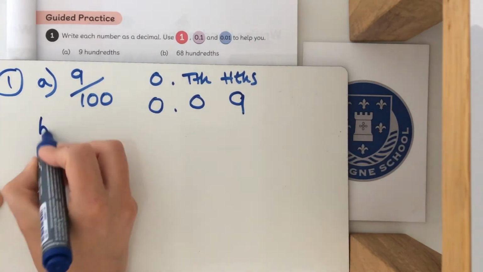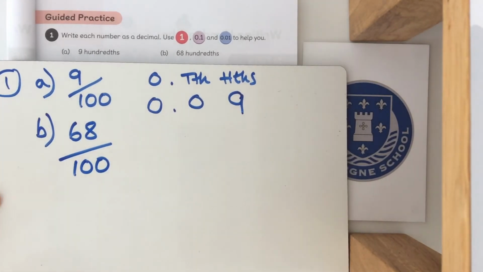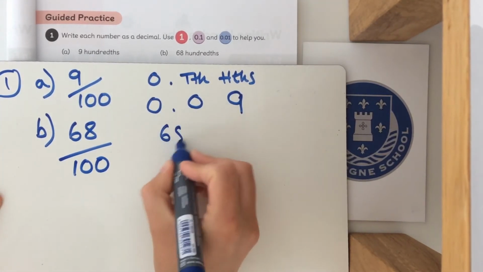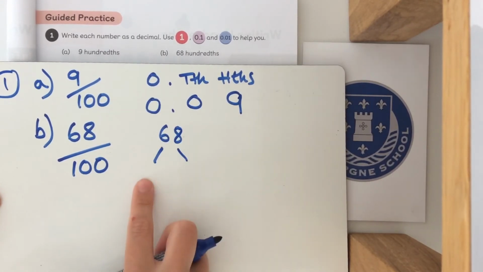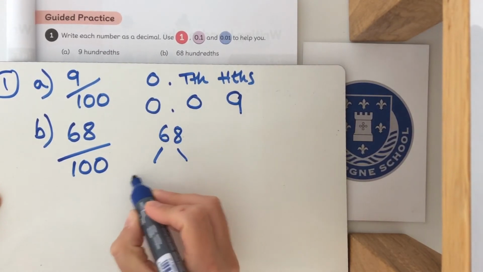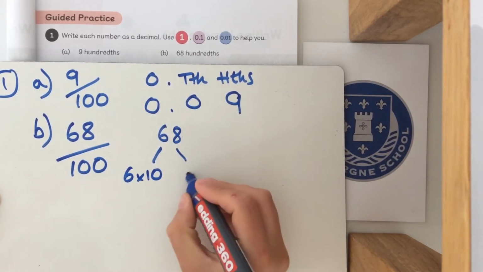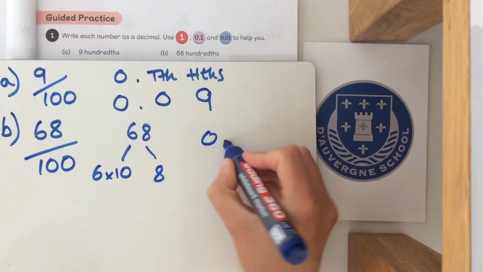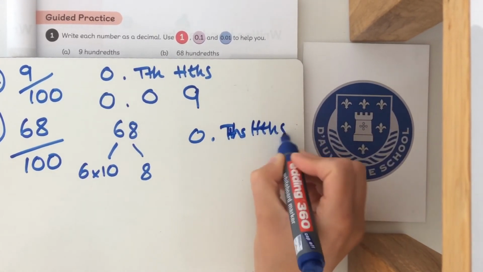B, we've got 68 hundredths. Okay, if we split up 68, we've got 6 tenths, haven't we? And we've got 8 hundredths. So let's think about this with our place value columns.